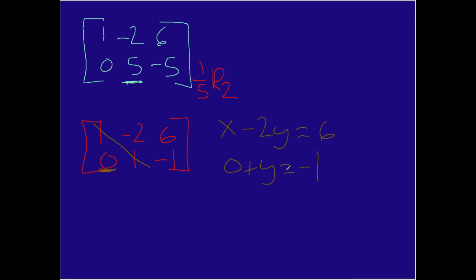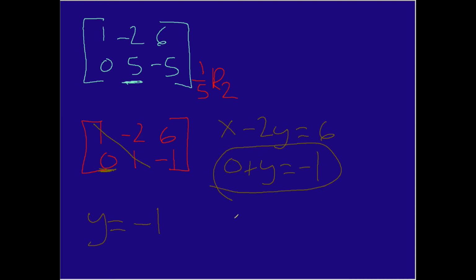So this is what we do now. We already know that y equals negative 1. That's right here in this equation right here. So what we're going to do now is take our value for y and plug it into our equation right here. So this is what we get.